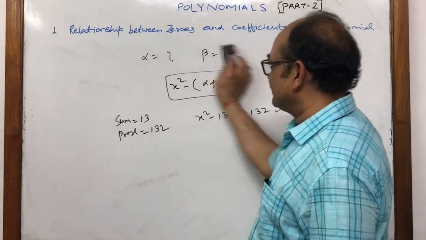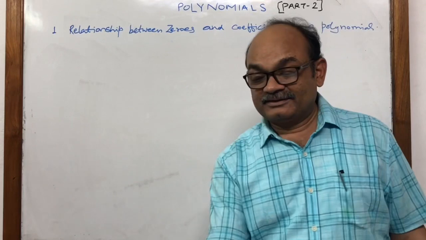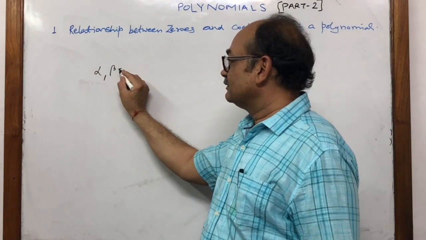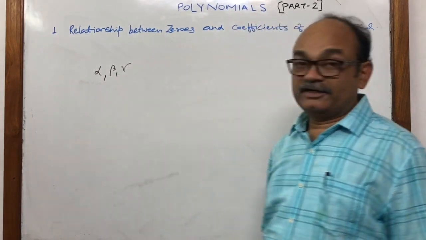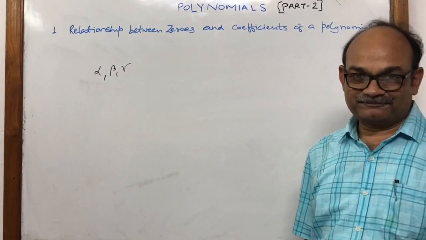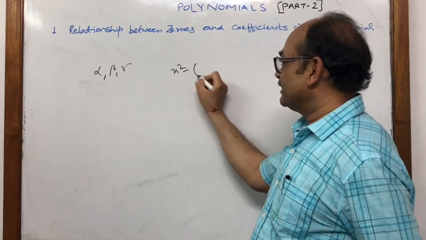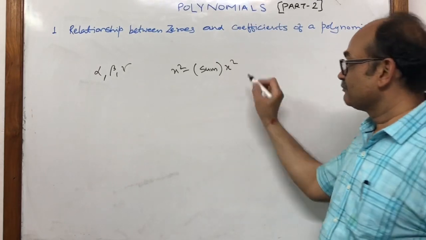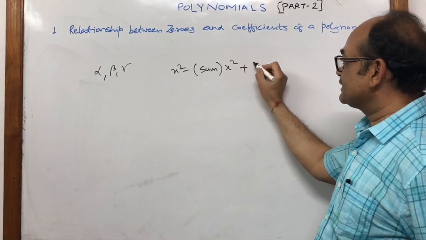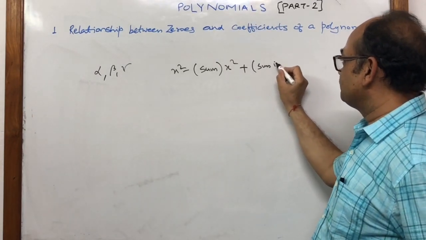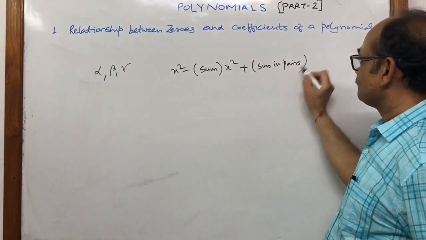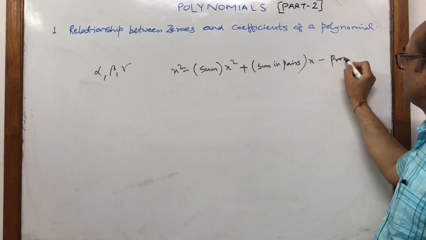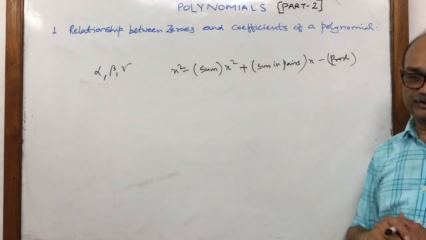The last point for today's lecture is when 3 zeros are given, alpha, beta and gamma, and the question is to form the polynomial. Then the formula is x cube minus sum of zeros, plus sum in pairs, and last minus product of zeros.